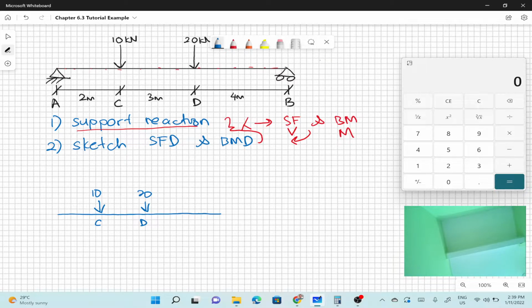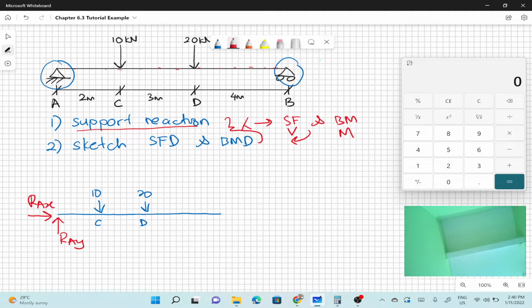If you notice, we have the pin support, and then the roller support over here. We don't want to redraw those. We want to show the support reaction directions. I have discussed this in previous videos, so I'm just going to put it down straight away. We're going to have RAY here, and RAX here, because the pin support restricts our beam from moving left to right horizontally, and restricts the vertical movement.